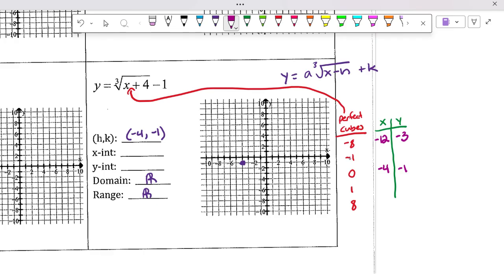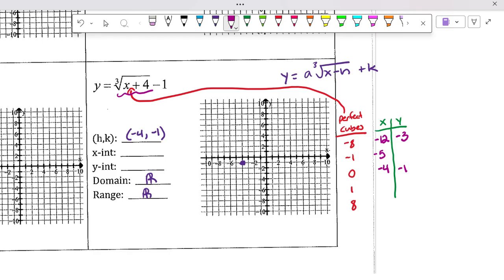All right. What can I plug in for x to give me -1? So what can I plug in for x that when I evaluate what's under that radical gives me -1? Negative what? Not 4. 5. So -5. Because -5 plus 4 is -1.